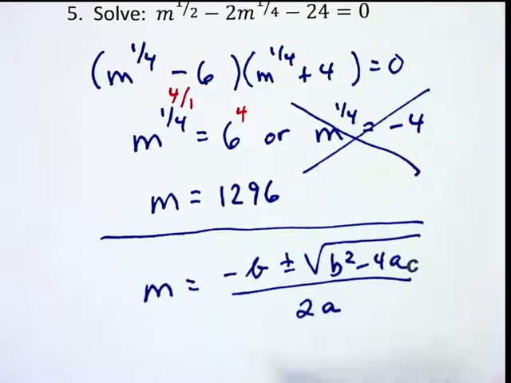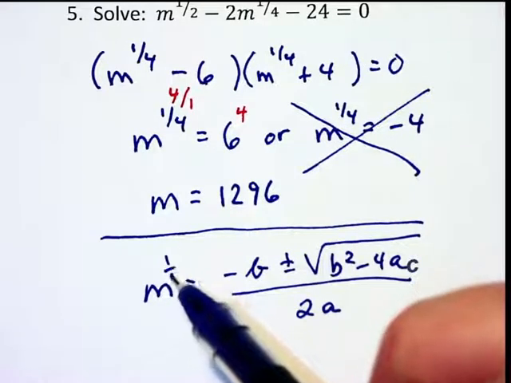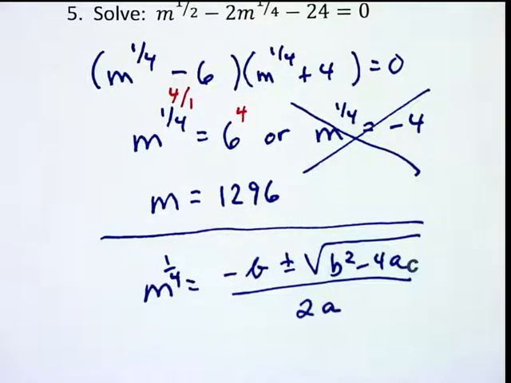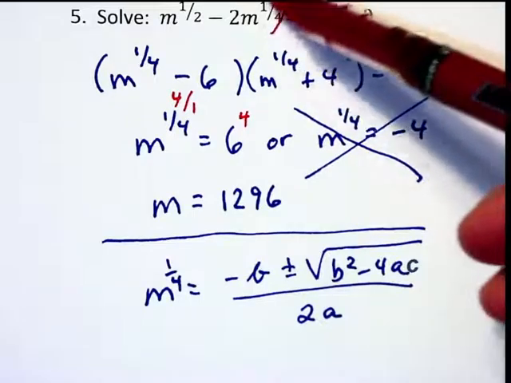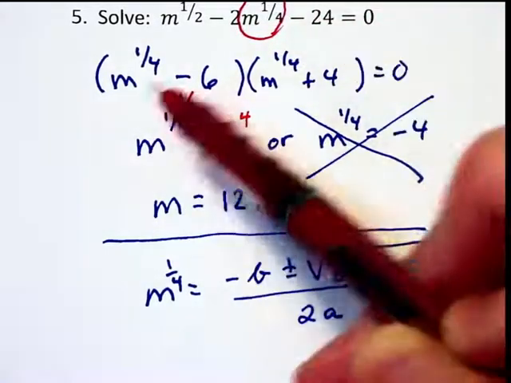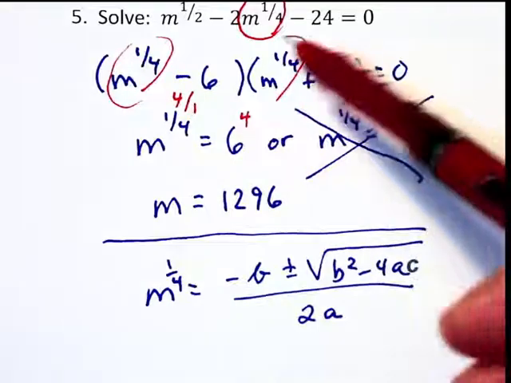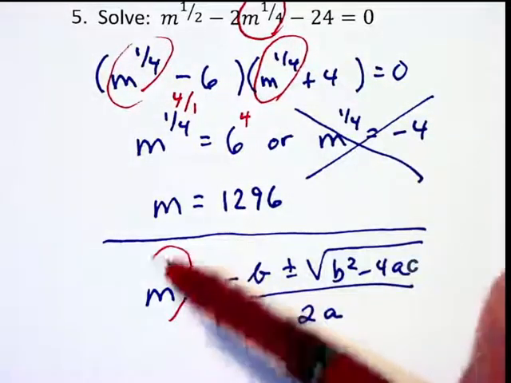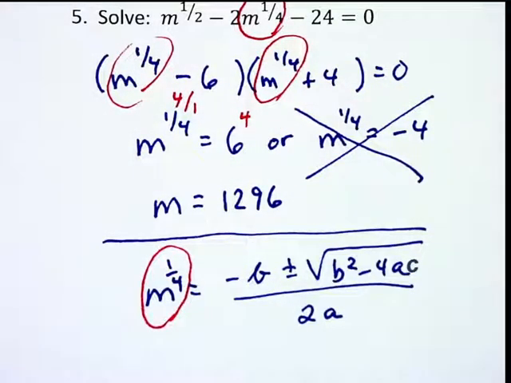You would have to have m to the 1/4 equals that, because in the original problem we had m to the 1/4 in the center. Notice that's what we used at the beginning of each parentheses, and that would be what we'd use in the quadratic formula. We would then use the quadratic formula to get our solutions, and then raise each of those solutions to the fourth power to get m by itself.